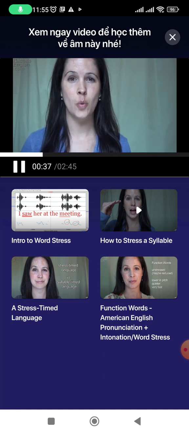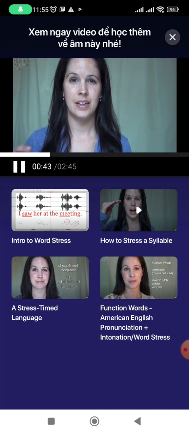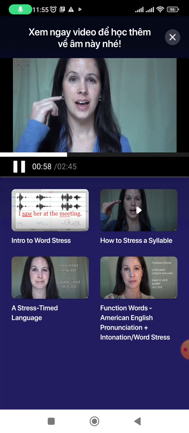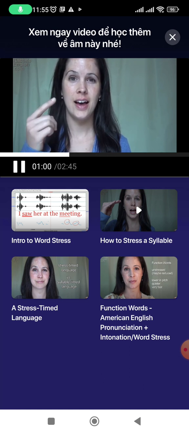This applies even to one-syllable words and one-syllable sentences. For example, yes. It's not yes, yes, all on one pitch. That's very flat. Yes. Hi.